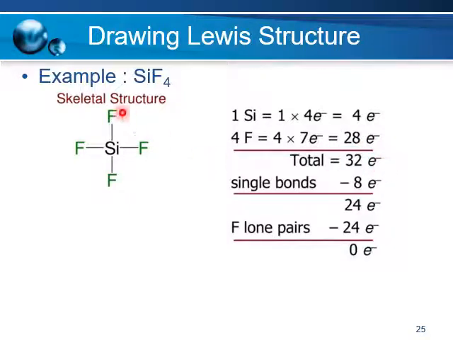32, we predict it is going to have single bonds. Each single bond has 2 electrons, so you minus 8, 4 times 2. 32 minus 8 is equal to 24. Then count how many remaining electrons: each fluorine has 7, 7 times 4.